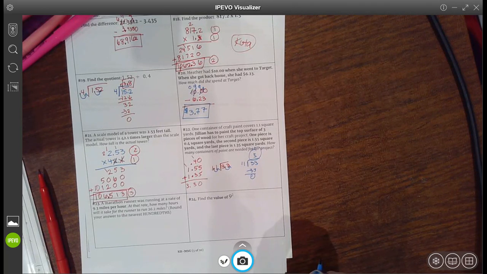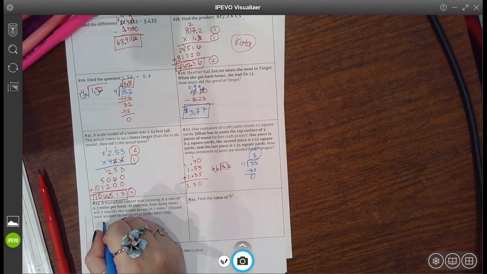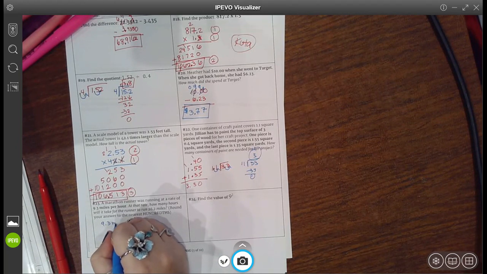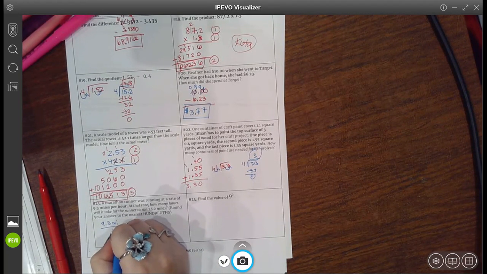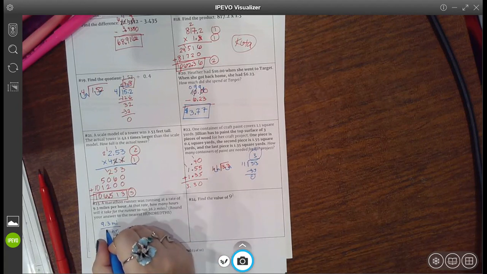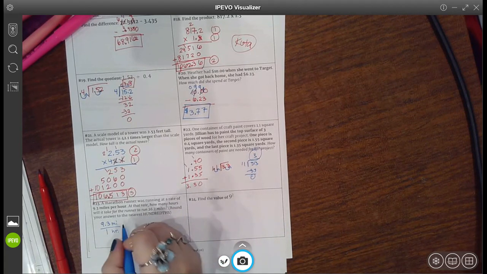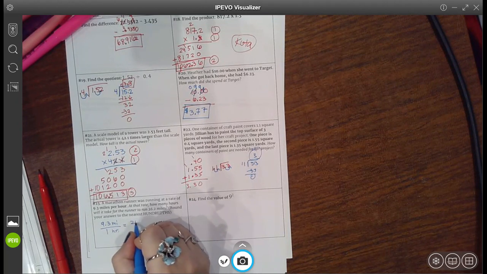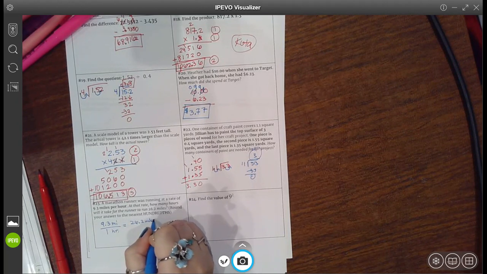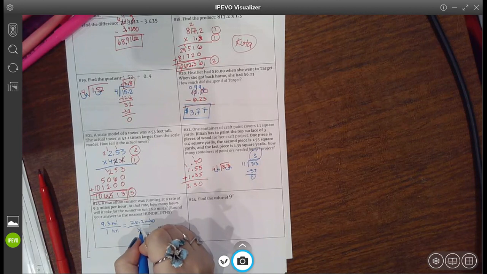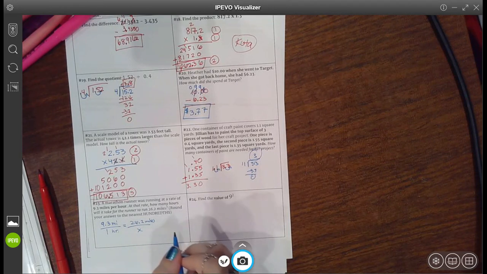So, you have 9.3 miles in 1 hour, right? And you want to know how long it's going to take you. So how long will that take to go 26.2 miles?